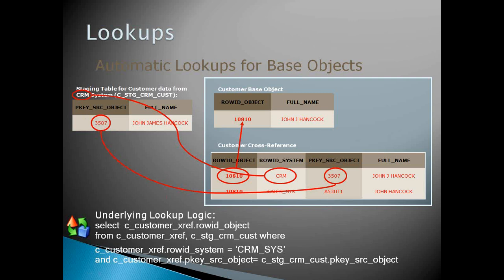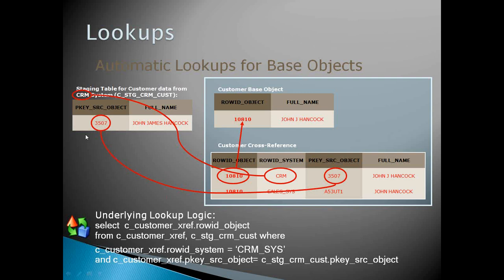So whenever we do an incremental load, it will check the PK source object and the source system name, and based on these columns it identifies whether the incoming record is a new record or an update for an existing record. Because it is able to find the combination CRM and 3507, it will update the full name column here in the cross reference table.